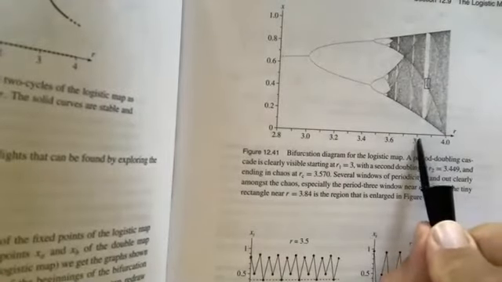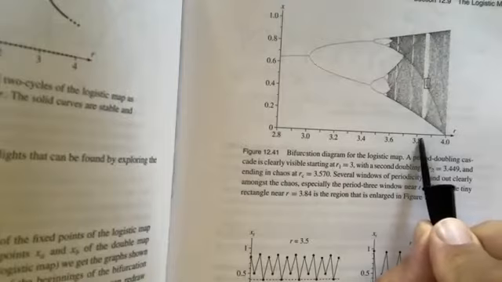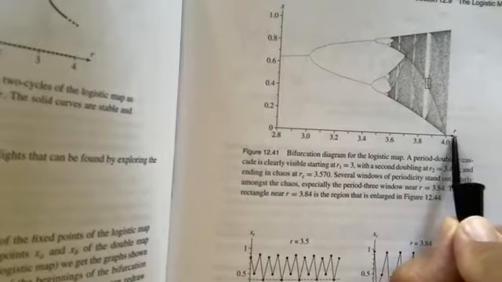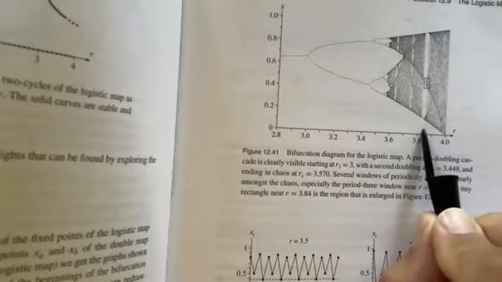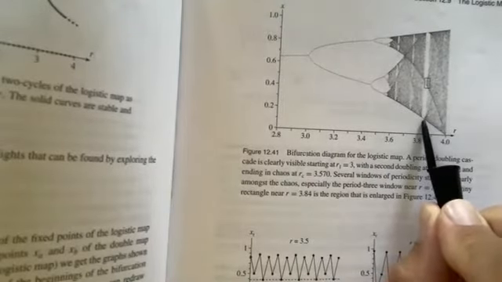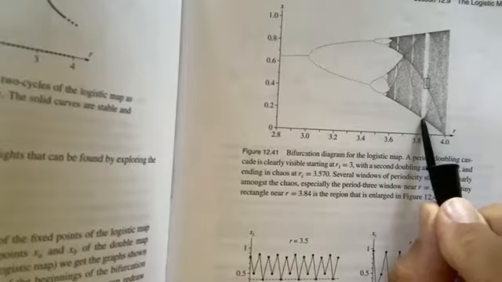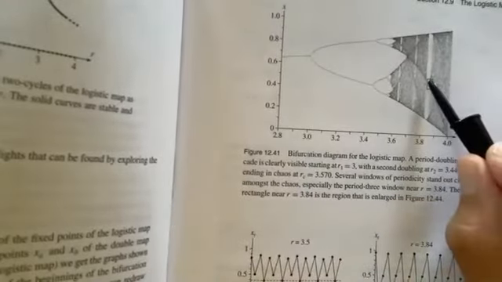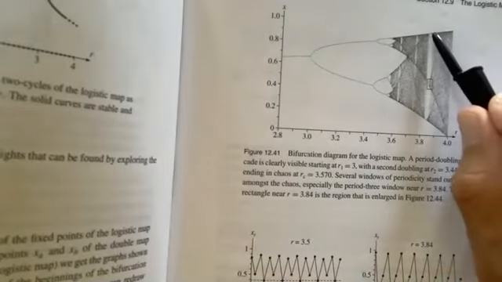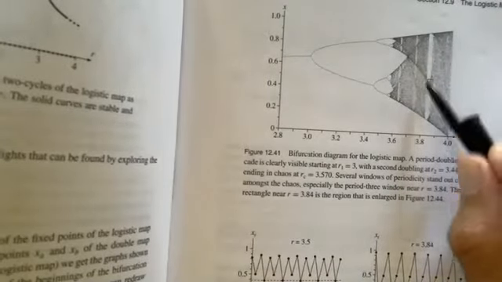You see right there at around 3.82, if r, here's the r-axis, if r is 3.82, let's draw a vertical line and see what we have there. There's a value here. It's a little less on the vertical axis, a little less than 0.2. There's another value right around 0.5, and then there's another value about 0.96, okay?